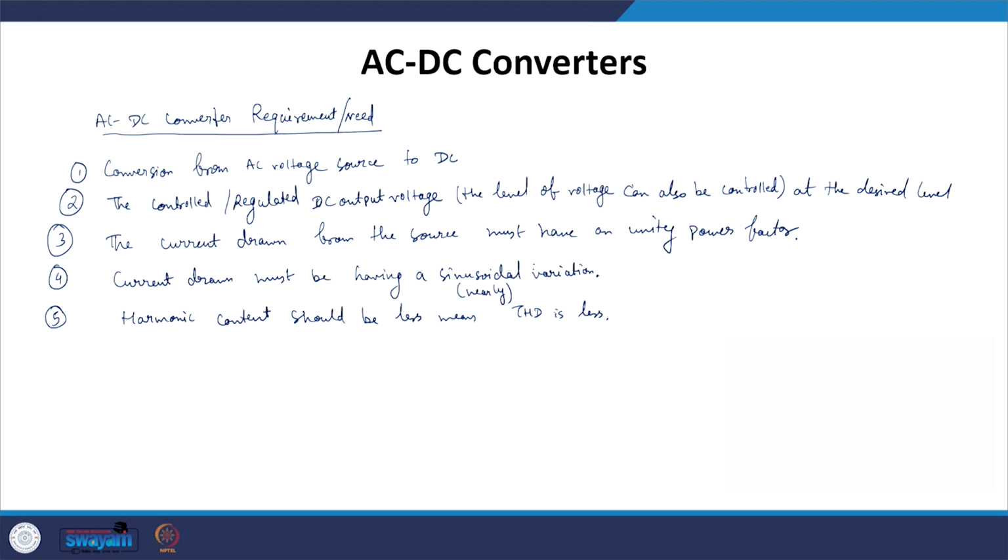So these are some of the requirements, and let us see what converters we can have which can follow these requirements and be qualified as the AC to DC power conversion unit of an EV charger.